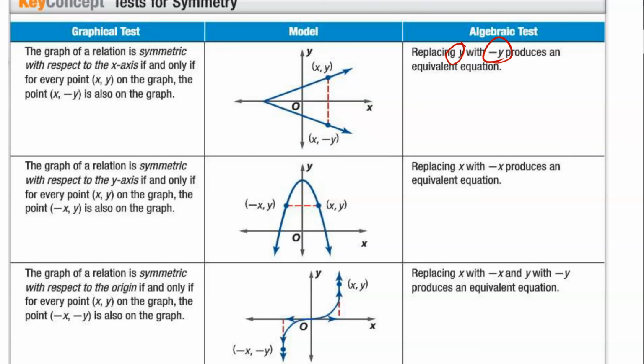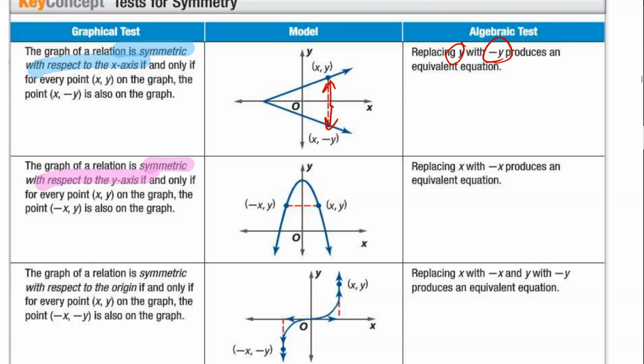So you'll have 2 points that are the same distance from the x-axis. It's symmetric with respect to the x-axis if you have 2 points that are the same distance from the same x.